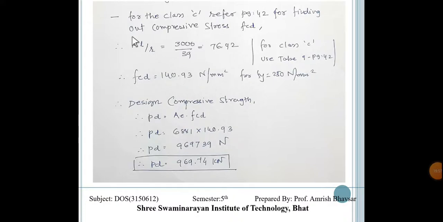So first, what is KL upon R? We have KL, that is 3000, divided by R minimum, that is 39. So it is 70.92.